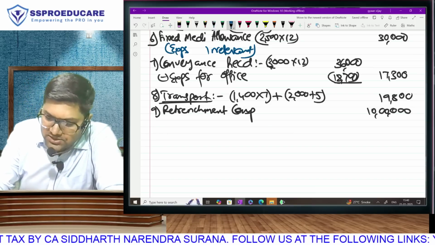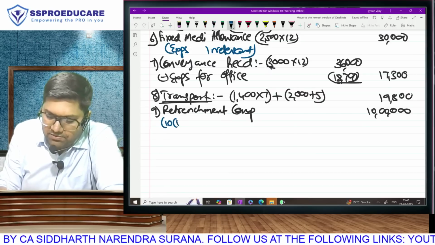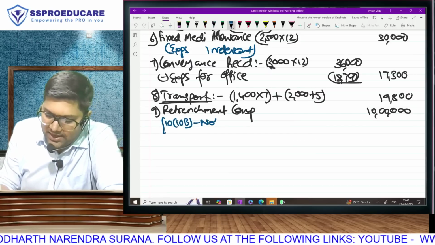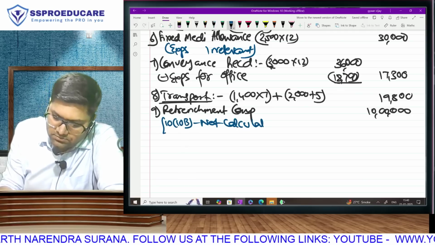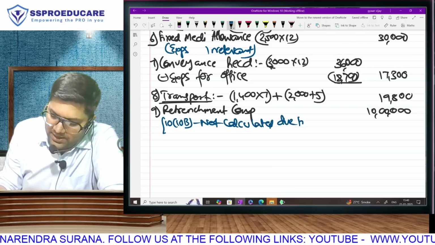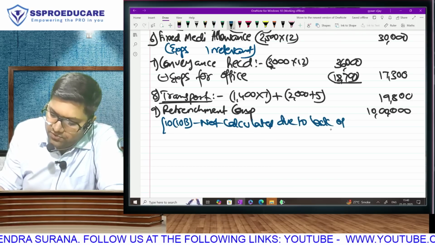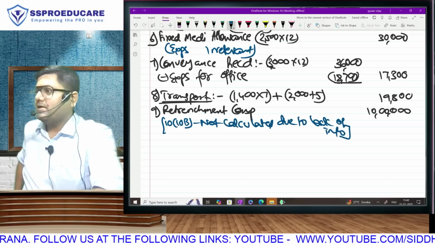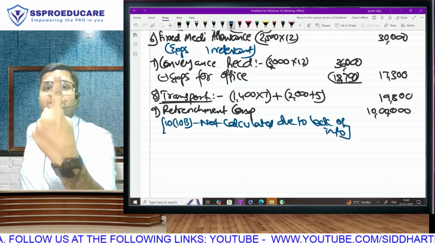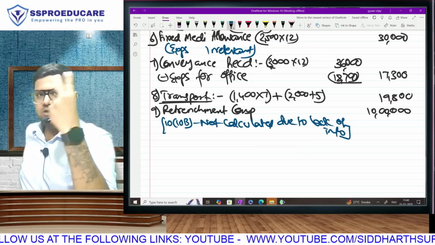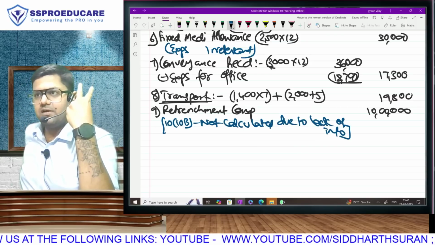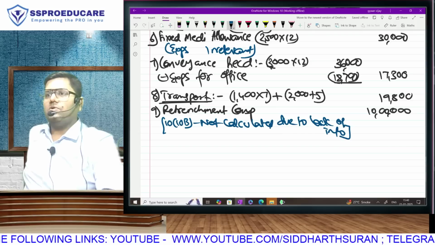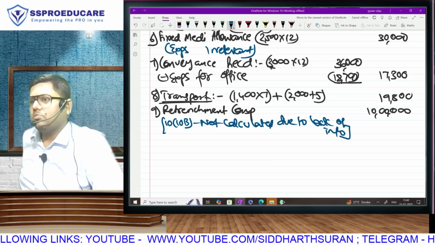So what we are just simply saying is, 10(10B) exemption not calculated due to lack of information. In the absence of any specific information, we are not calculating the exemption. With this, you are one, giving your solution. Two, convincing the paper checker that you give me data, I will do 10(10B). You have not given me data, that is your problem. You have solved both problems.